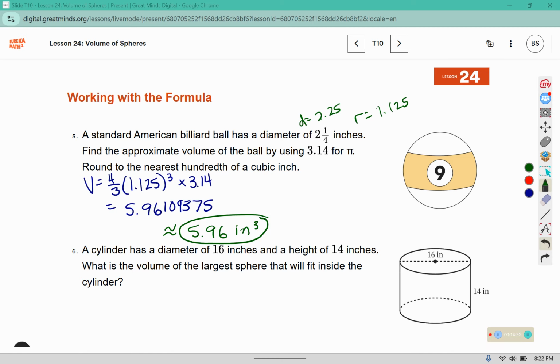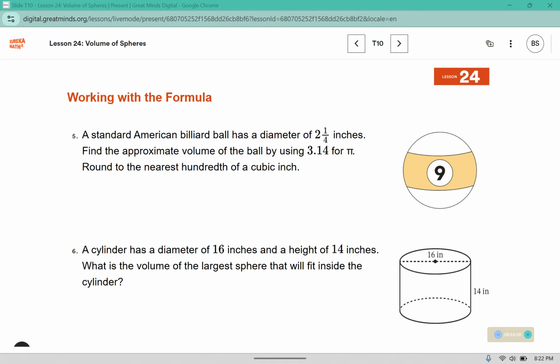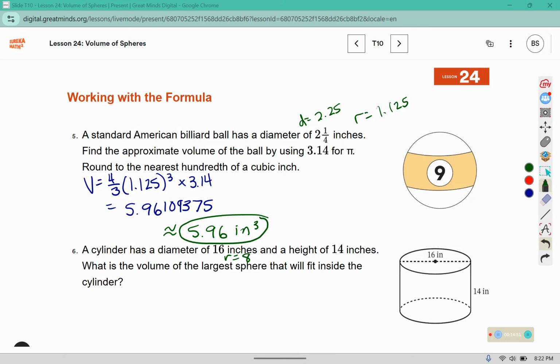A cylinder has a diameter of 16 inches, so the radius has to be half of that, and a height of 14. What is the volume of the largest sphere that will fit inside of the cylinder? So looking at possible radius, going across the radius could reach a distance of 8.